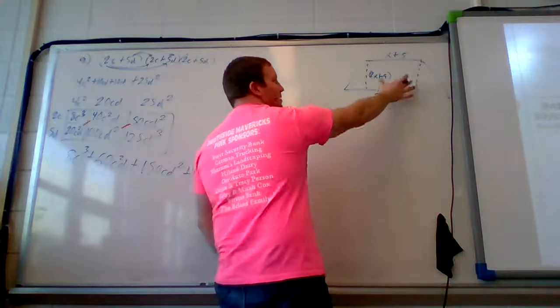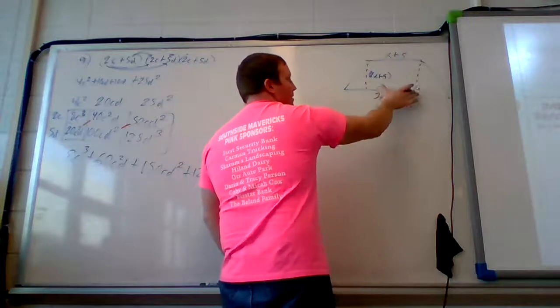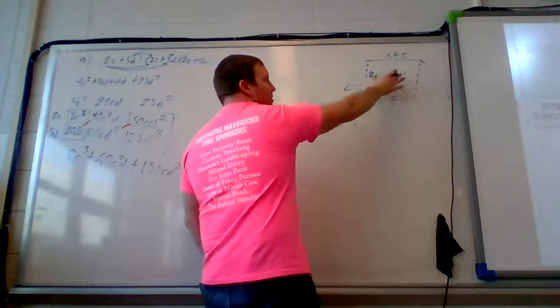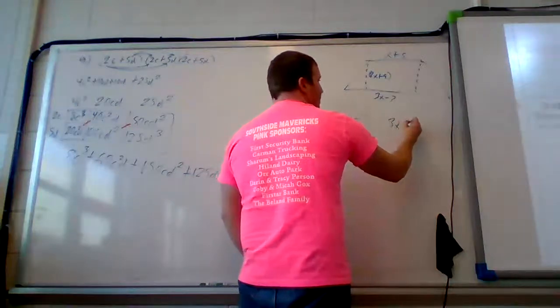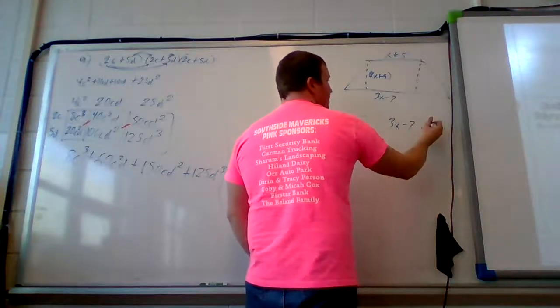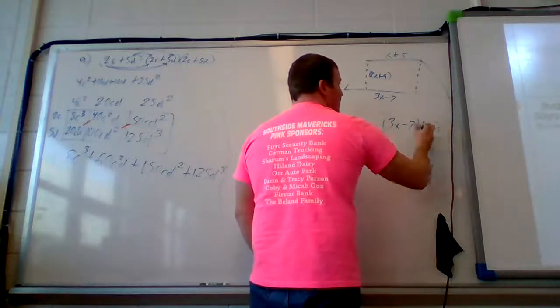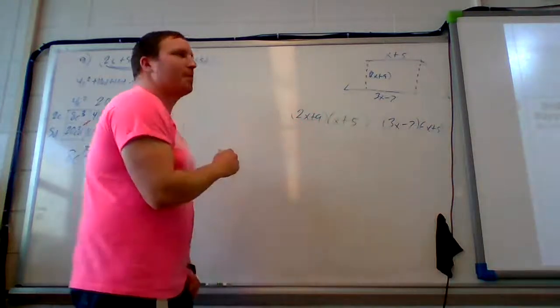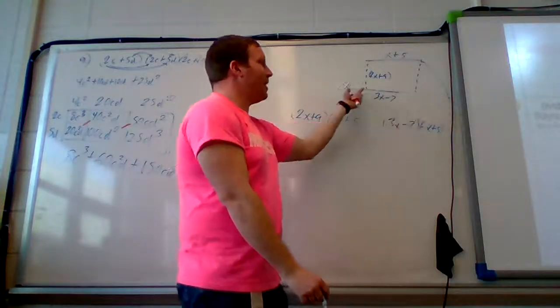So we know this length, or this portion, is x plus 5. So we can take our 3x minus 7, and subtract from it the x plus 5. And that's going to get us these extra lengths on the side.